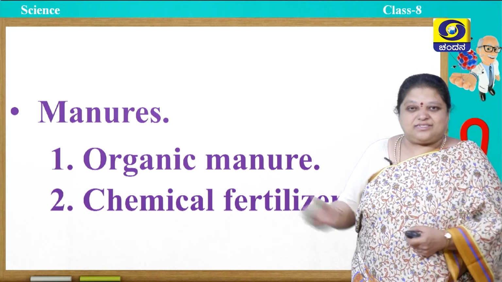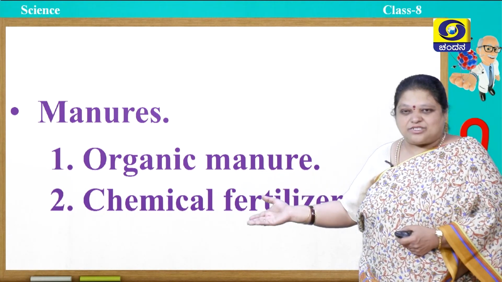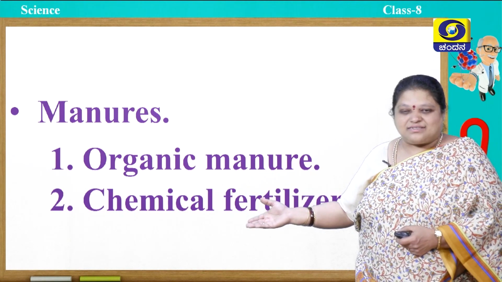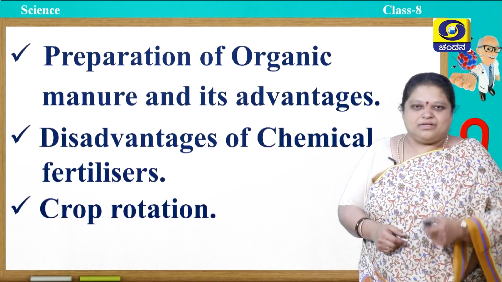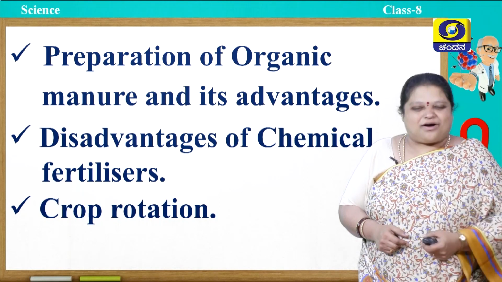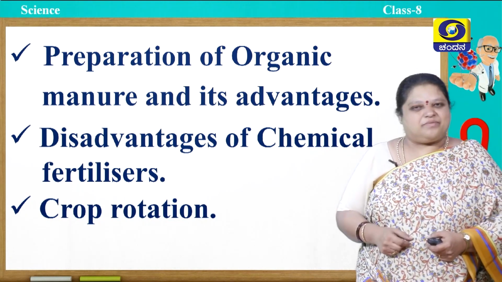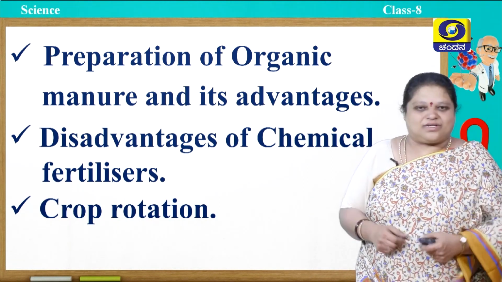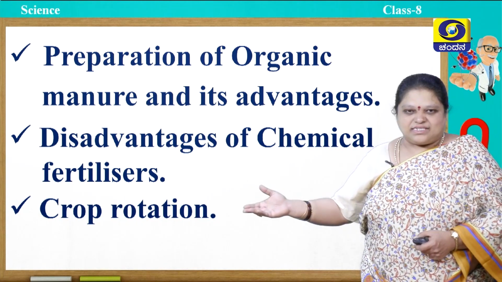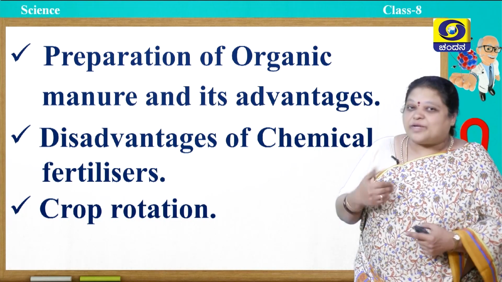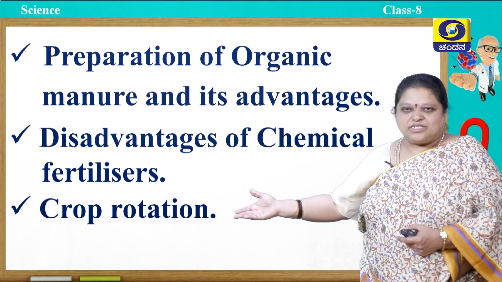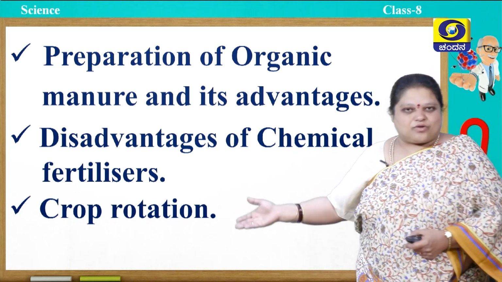We basically saw the limitations of chemical fertilizers and the advantages of organic manure, and we also saw how to prepare organic manure and the various advantages of it. We saw the disadvantages of chemical fertilizers. Then we saw how to replenish the nutrients by using the crop rotation method.